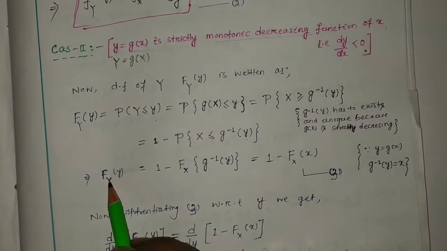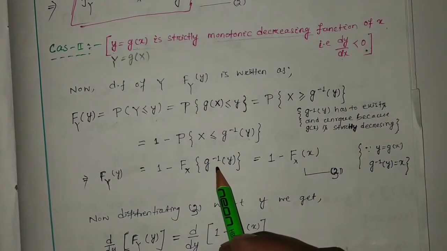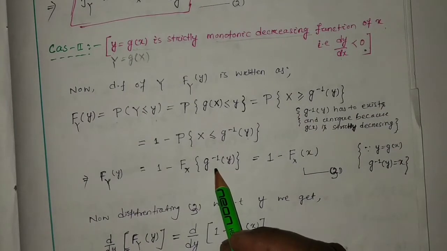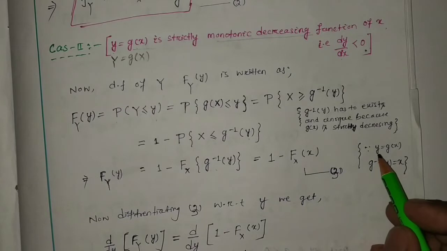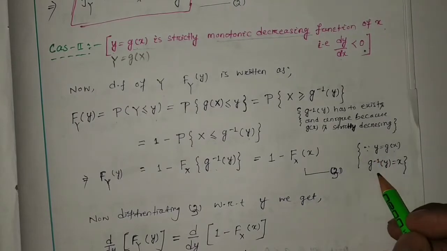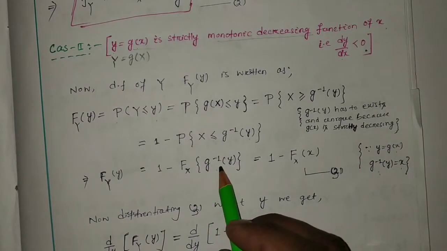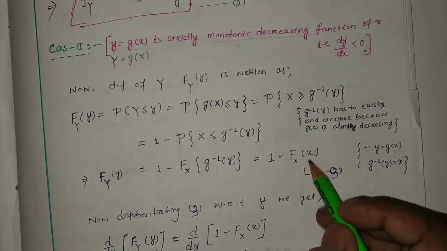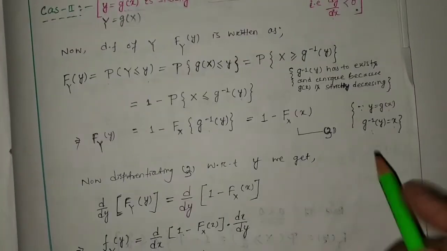So the distribution function of y equals 1 minus the distribution function of g inverse y, which is 1 minus the distribution function of x, because y equal to g of x and g inverse y equal to x. Let this be equation number 2 and this be equation number 3.